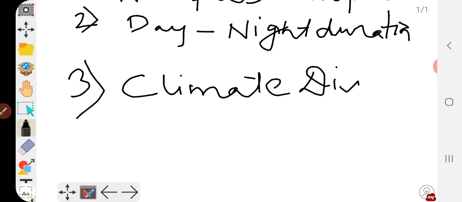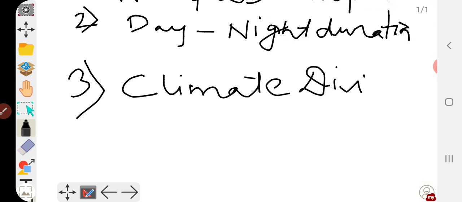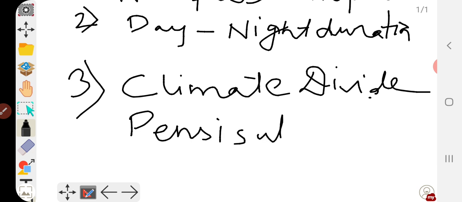That is helpful for trading activity. The peninsular structure is the southern part and the northern part is the climate divide. So these are the three basic important implications or advantages of our latitudinal stretch.